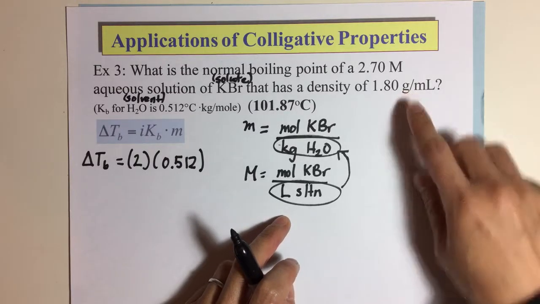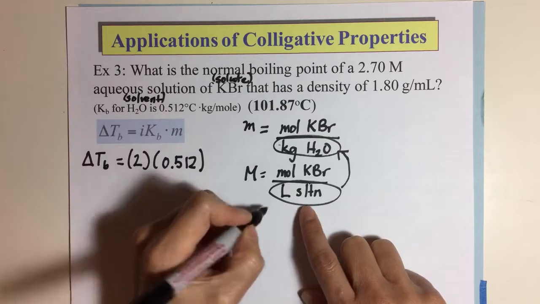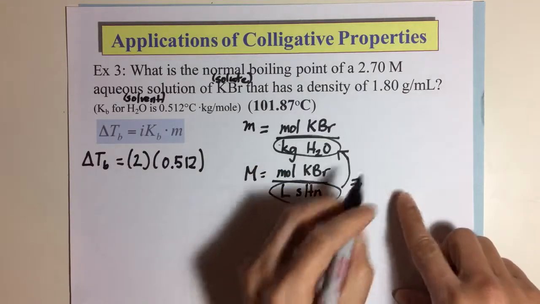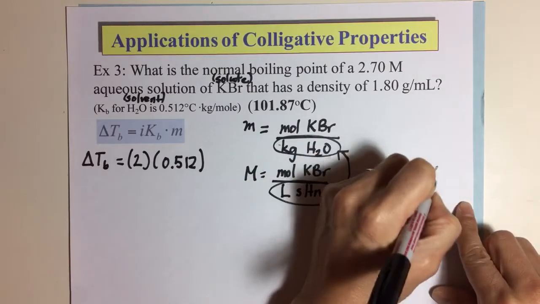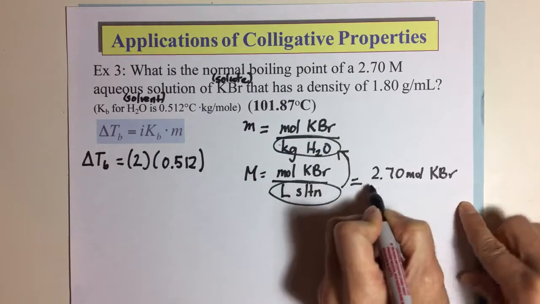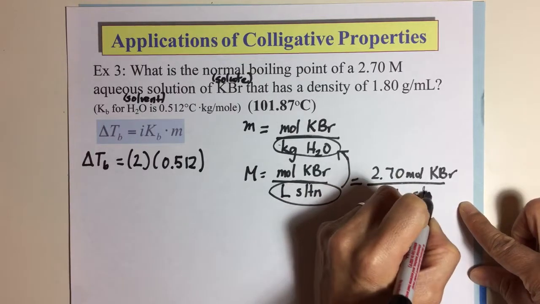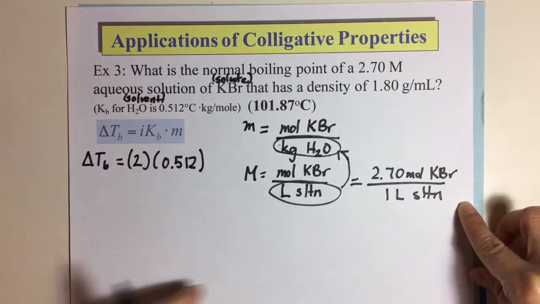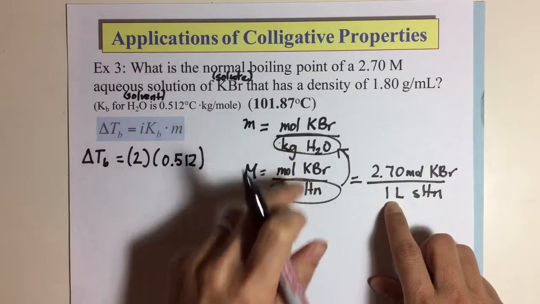So the first thing I want to do is, knowing that the molarity is by definition 2.70 moles of KBr over 1 liter of solution. Knowing that information, I'm going to take my liter of solution and try to convert to water somehow.